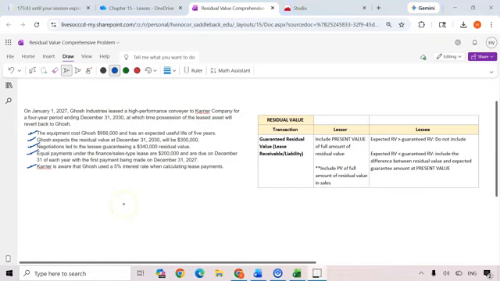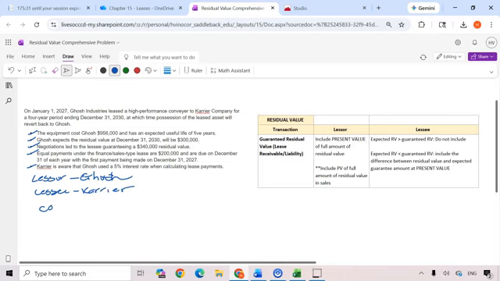When I have these types of problems, the first thing I like to do is write down all the information that I already know, just so it's easier to look at. I know that the lessor is Gosh, and the lessee is Carrier.